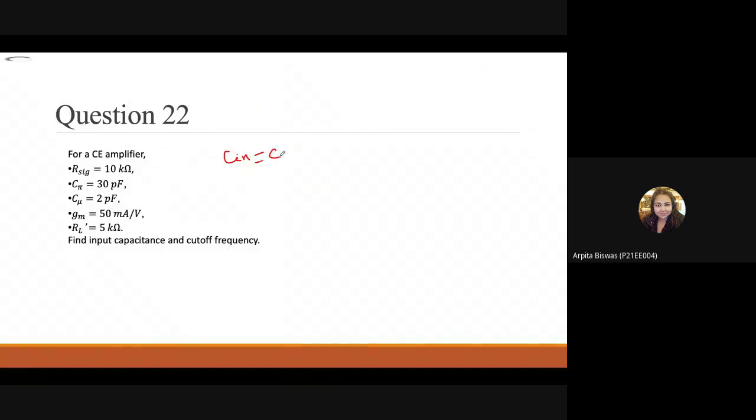You have to find out the C input value, which is C pi plus 1 plus GMRL into C mu. And then you have to just put the value and tell me what is the value of the C in. And you have to find out the cutoff frequency, the FH.